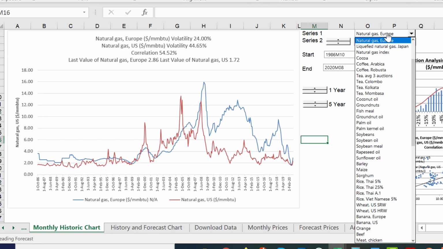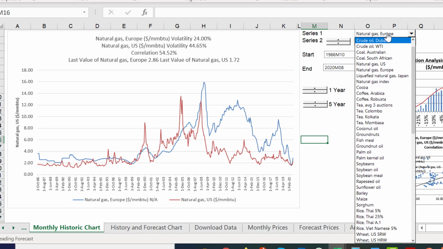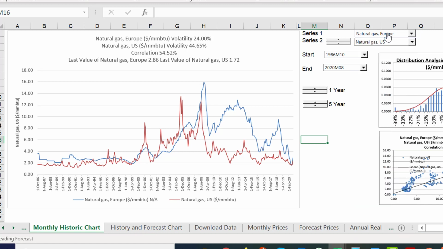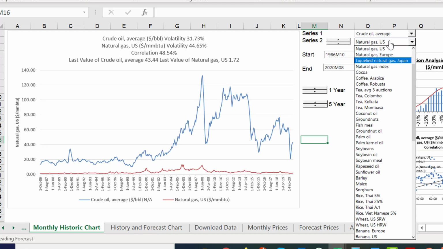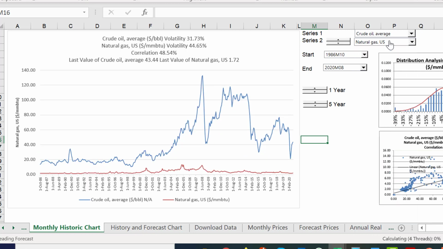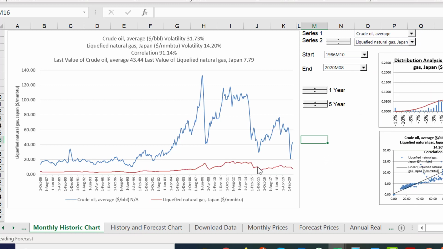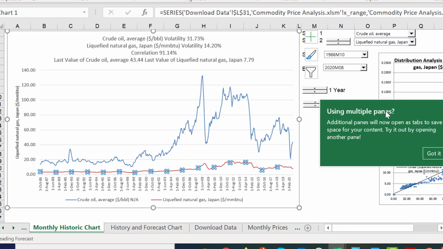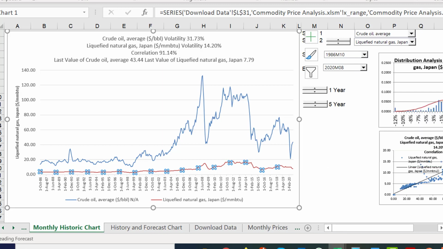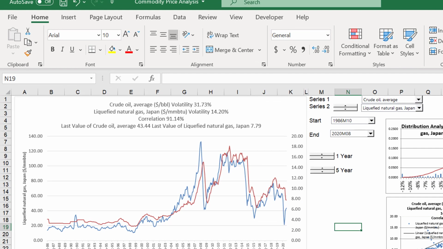So again, let's put the oil price up at the top, and let's put the gas in Japan at the second one, and then I've got to redo this and put them on the same scale, because when you put them on the same scale, it kind of looks cooler, doesn't it? Maybe it distorts things a little too. I don't know.